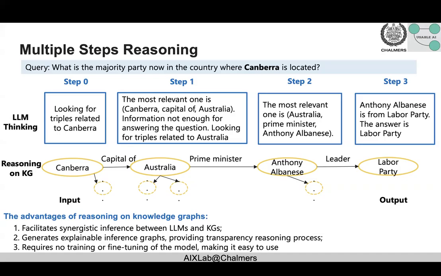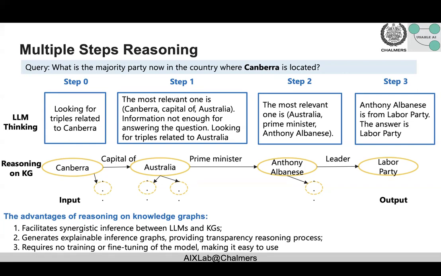So how did you decide what is the most relevant? Oh, there are many methods. Yeah, we can use, like me, a two layer neural network.